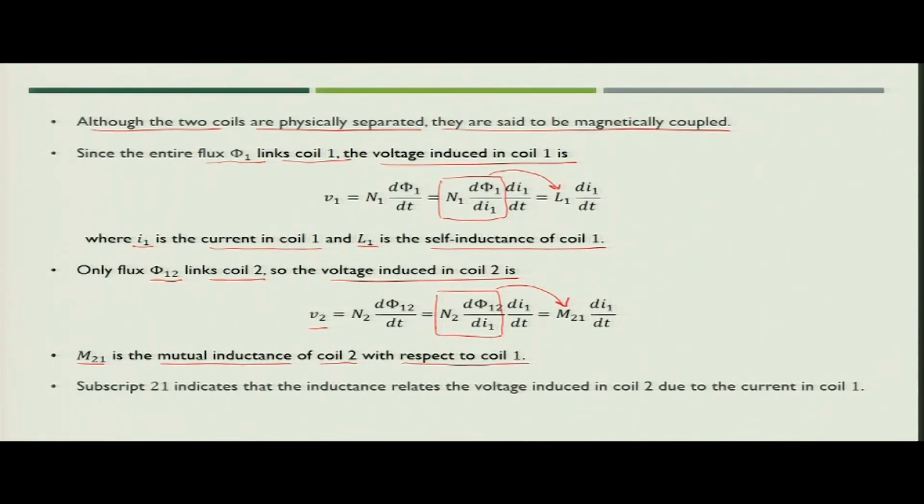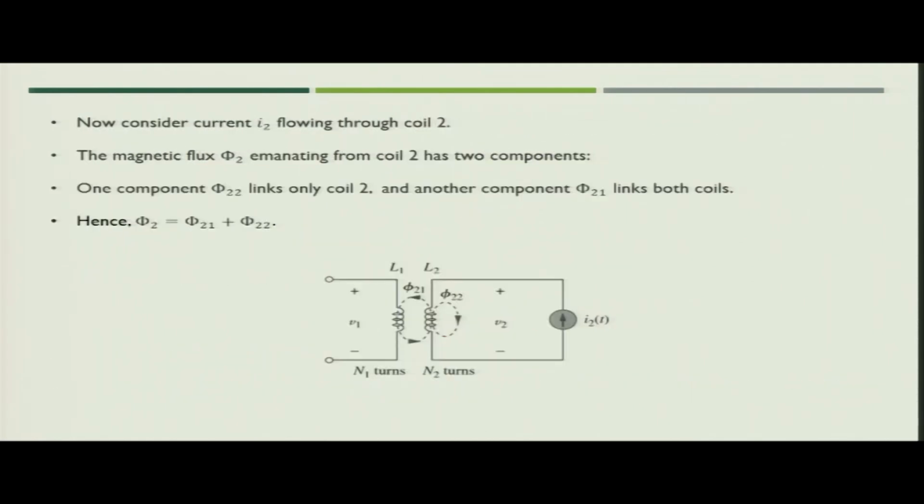Now, the subscript 21 written in M21 indicates that the inductance relates to voltage induced in coil 2 due to the current flowing in coil 1. Now, let us consider the current I2 flows through coil 2. If you see the figure in the slide, I2 is the current source connected to coil 2.